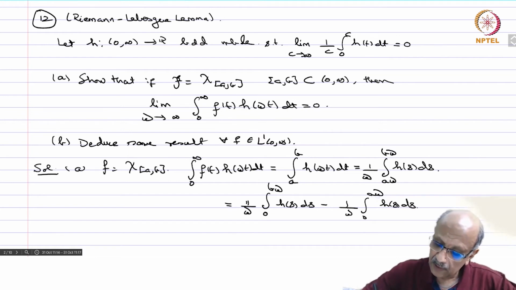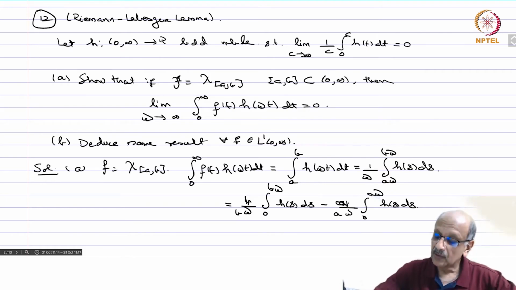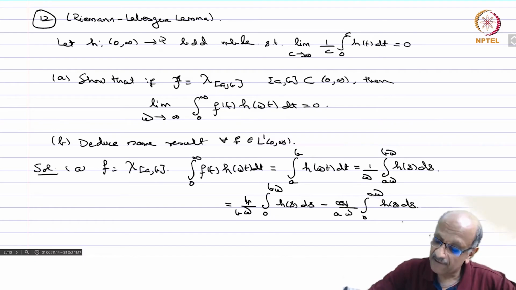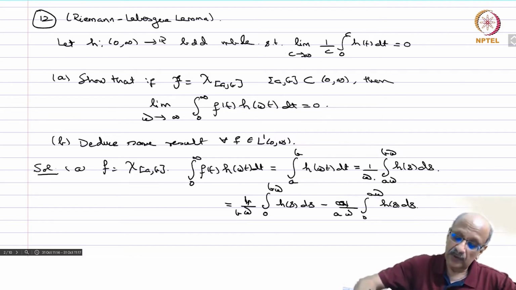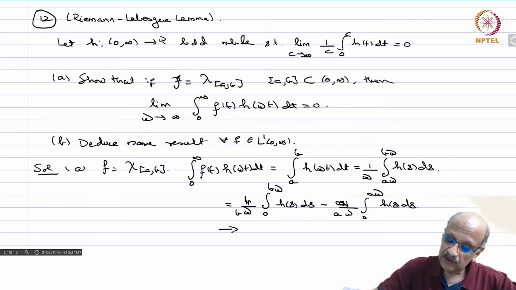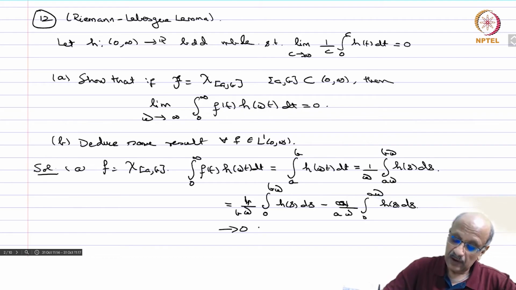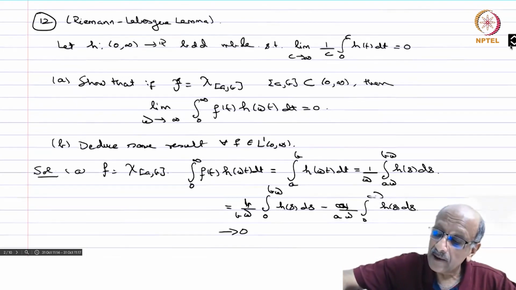Okay, so this gives you the average, and you know that as omega tends to infinity, a omega and b omega tend to infinity. So each term tends to 0 by the given hypothesis, and therefore this goes to 0. Okay, so that proves part A.